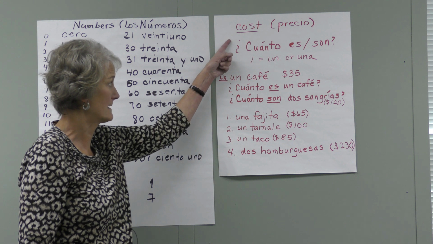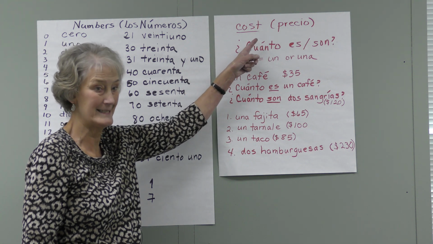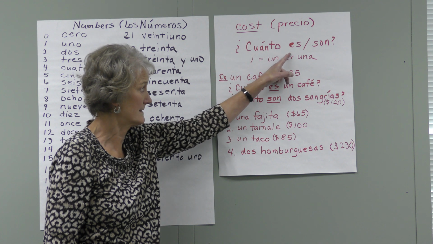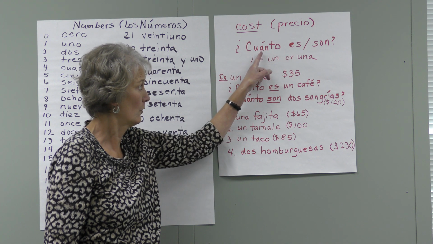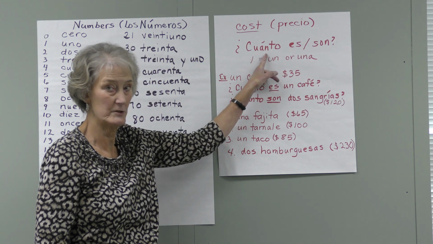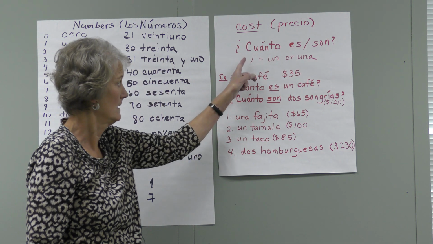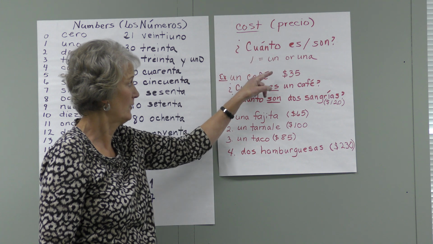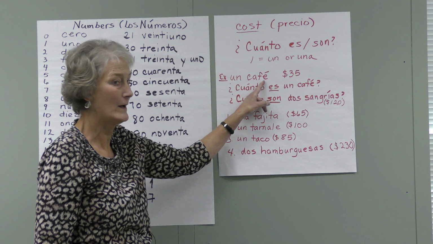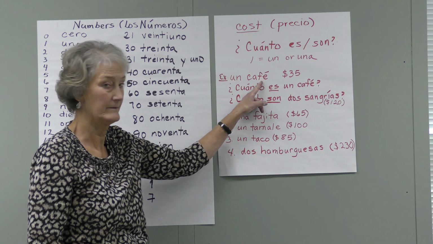So if you want to ask the cost or el precio of something, you say cuánto es, or if it's something plural, cuánto son. Cuánto means how much, like quantity. Okay. So cuánto es, like un café. ¿Cuánto es un café? Right?